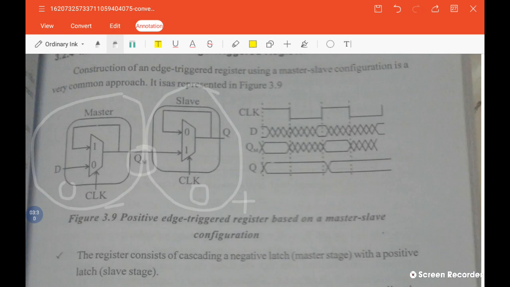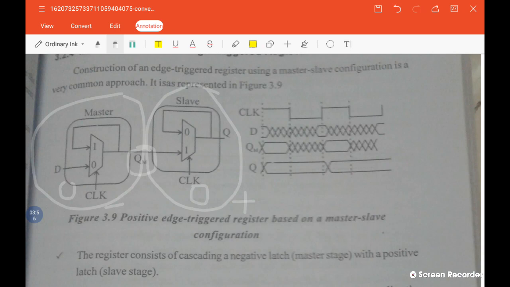So under the clock low signal, the positive latch can only go into hold mode. The feedback loop is enabled, and whatever the previous data was, that is held with the slave latch itself at the Q position. The slave latch will not sample any new data at this time.